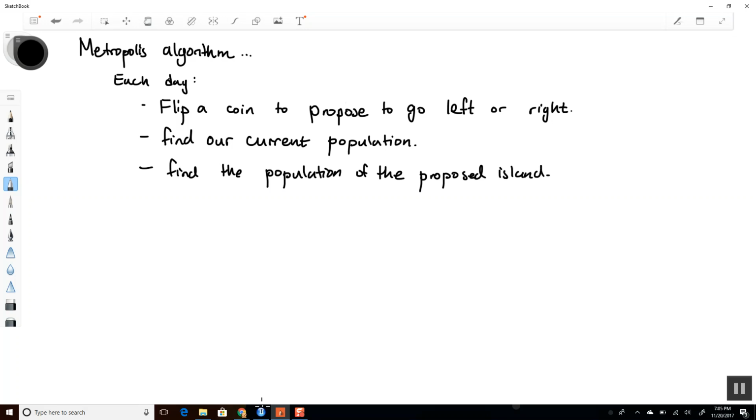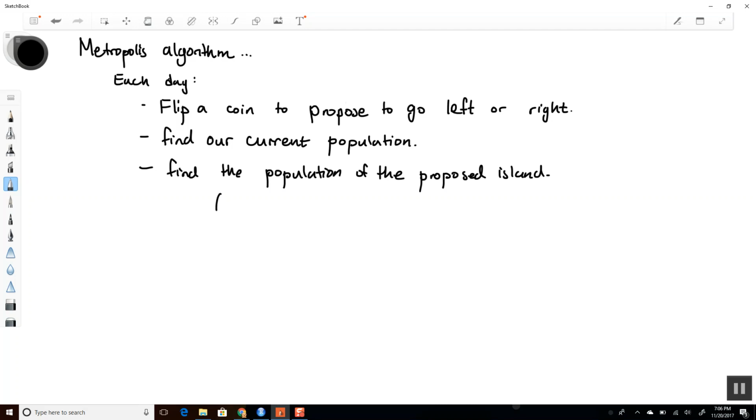Okay, now if you are at the end island, so that's island 7, and you flip the coin and it says go right, meaning it proposes island 8, but island 8 doesn't exist, then the population of the proposed island would be 0 because that island doesn't exist. Or same thing if you're at island 1 and you flip the coin and it proposes going to the left, that's going to have a population of 0.